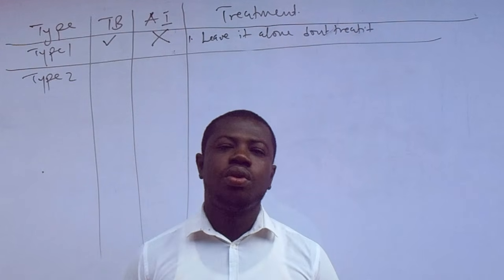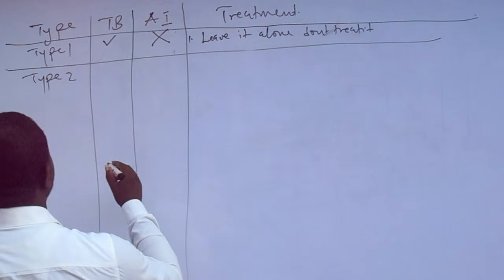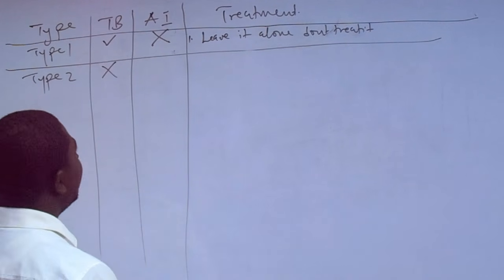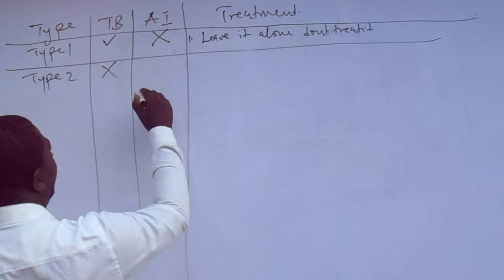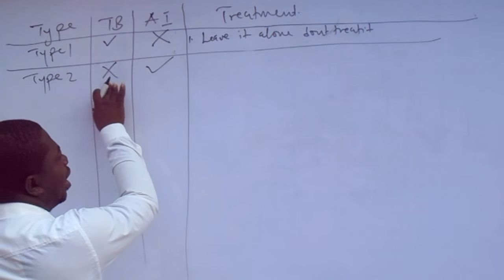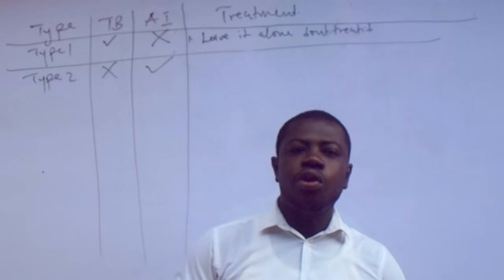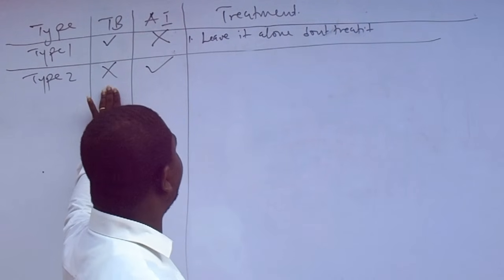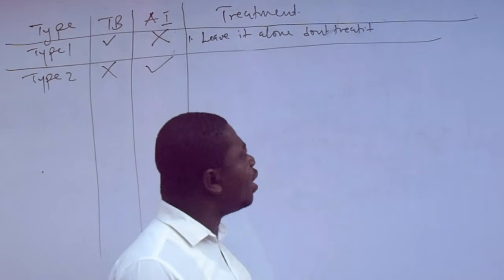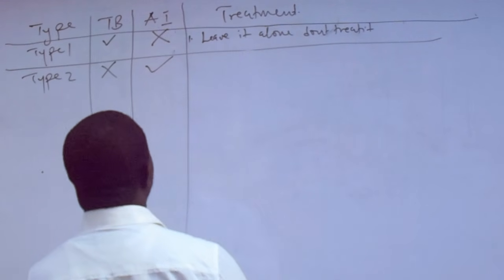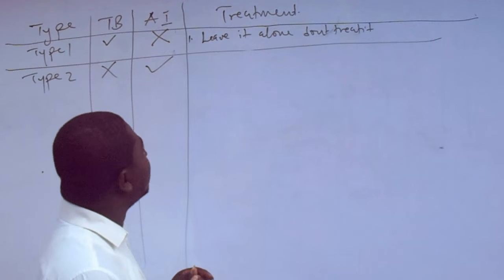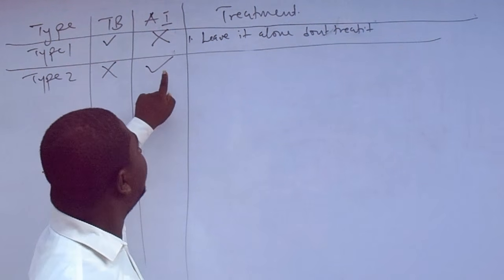for type 2, we will say that there is no provision in the trial balance, but there is provision in the additional information. Now, what we are going to do is that when there is no provision in the trial balance, but there is provision in the additional information, then of course, it means that this time around, we have created provision for this year.